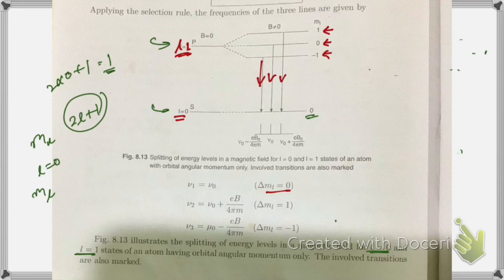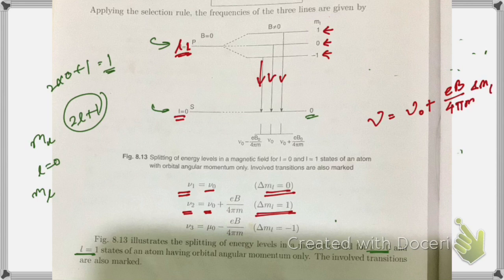For ML is equal to 0, V1 is equal to V0. For ML is equal to 1, V2 will be equal to V0 plus EB by 4 pi m, because we have got from this experiment that mu is equal to mu naught plus EB by 4 pi m del ml.